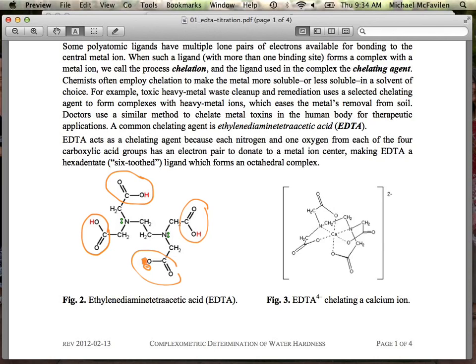So not only do we have two positions from our nitrogens, which we've already seen, but we now have even stronger bonds coming from our oxygens.